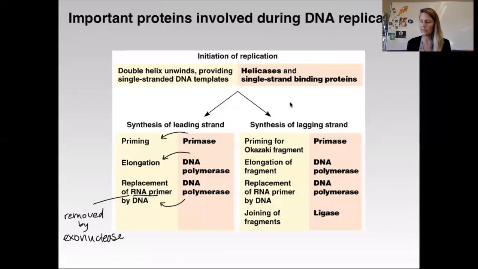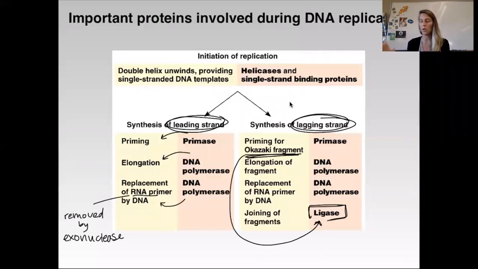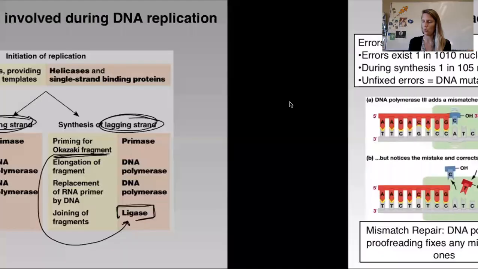So if we go here, the synthesis of the leading strand is pretty straightforward. The synthesis of the lagging strand leaves you with many little segments of new DNA, and those are called Okazaki fragments, which then get joined back together with their DNA backbone by DNA ligase, right? And again, as we draw this out, hopefully that'll make more sense.